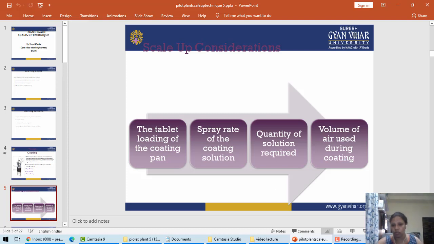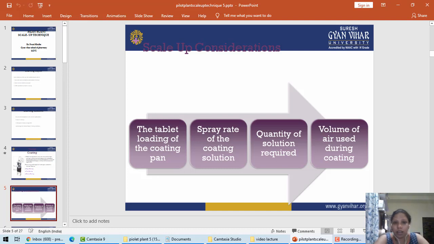So the volume which we are using for the drying is also very important. The volume of that air should be optimized also.